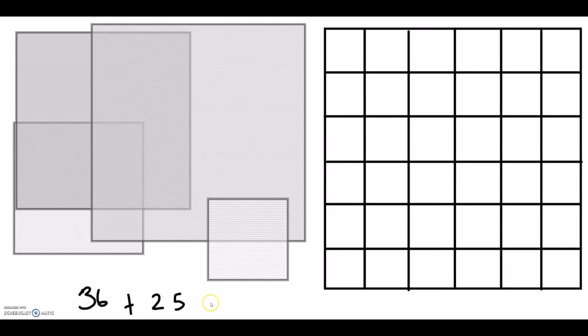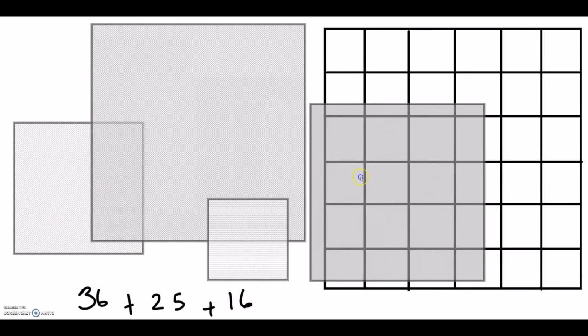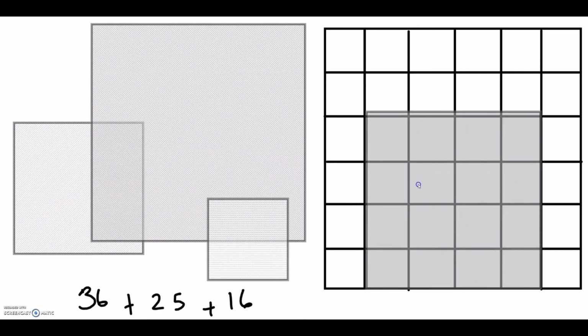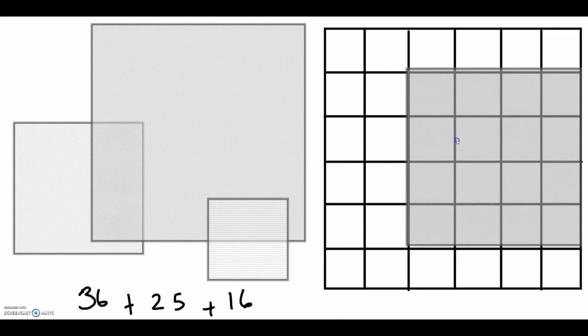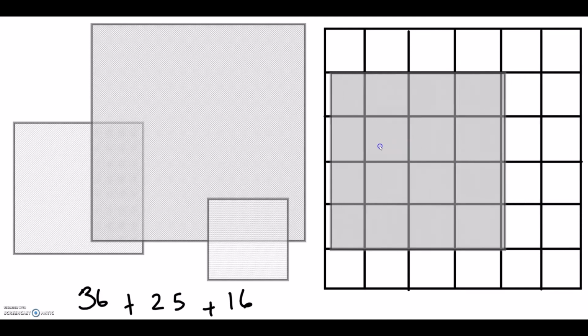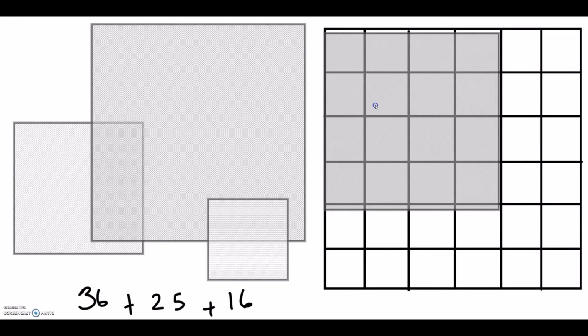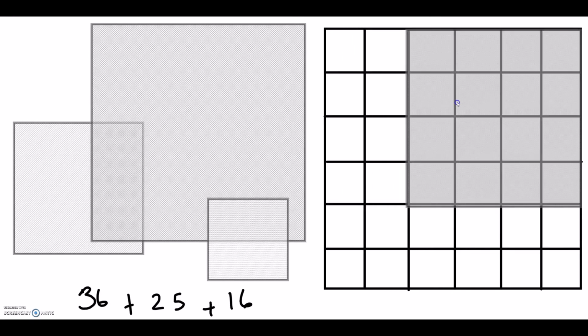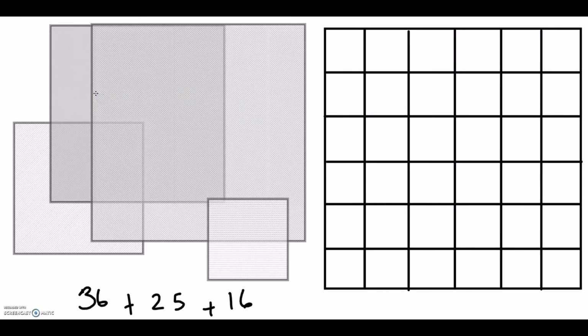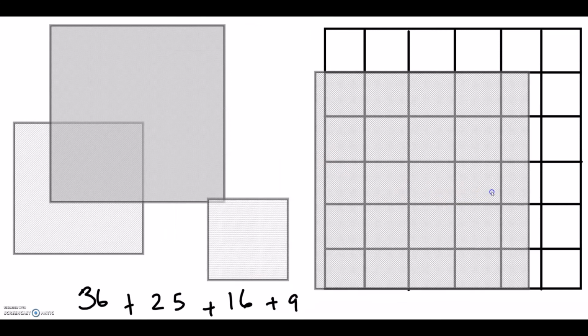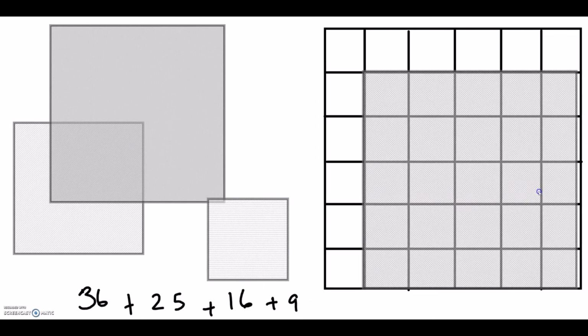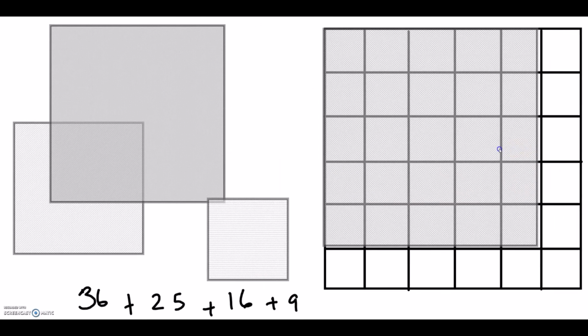I bet you can predict how many 4 by 4s there will be. Here are our 4 by 4s. 1, 2, 3, 4, 5, 6, 7, 8, 9. And I certainly bet you can predict how many of the 5 by 5s. 1, 2, 3, 4.